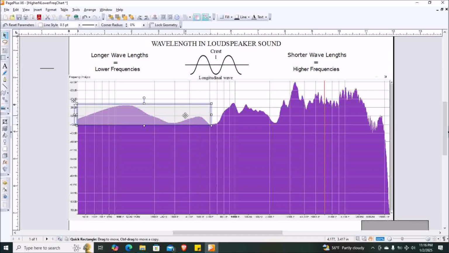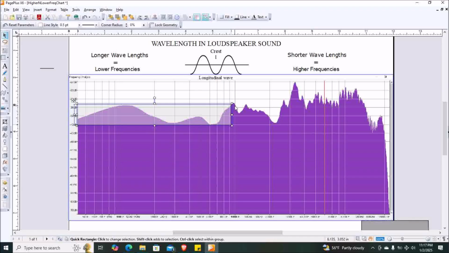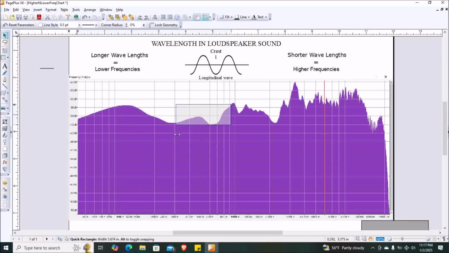I guess this would be maybe 500 hertz. And then the higher you go, the wavelengths get even shorter. This is where you get the distance between two wavelengths. You have this point right here. Let me see if I can clear it up a little bit so it's easier for you guys to see.